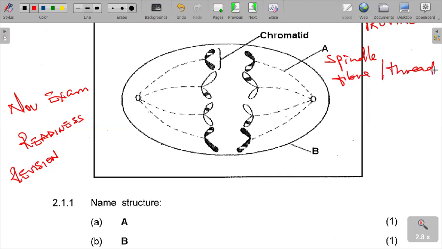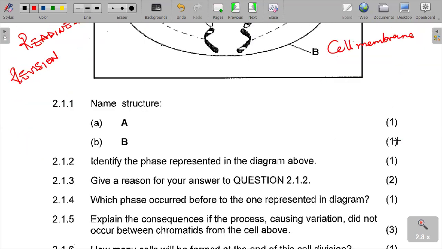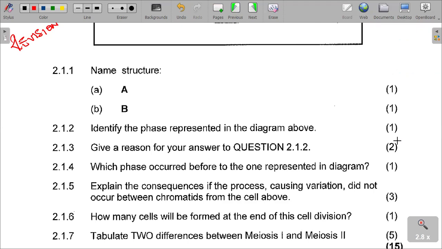It's one and the same thing. And then B, identify B. B is the cell membrane. So A is spindle thread or spindle fiber, and B is cell membrane.